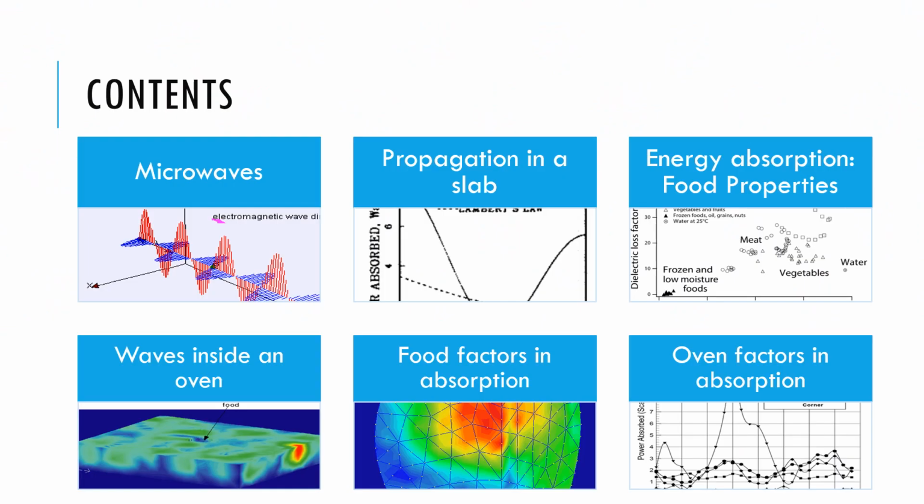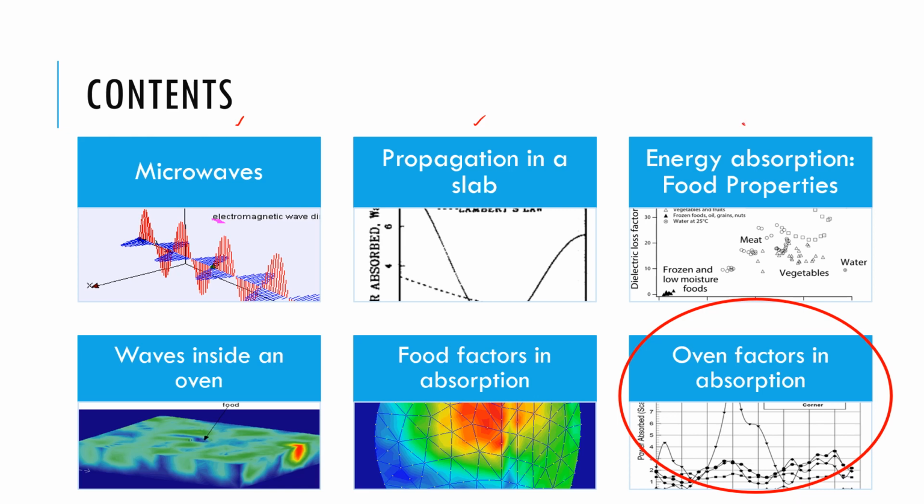Here we show the other videos in this series. Before we discuss oven factors in microwave absorption, we had a video introducing microwaves, another one talking about how microwave propagates in a simple geometry.